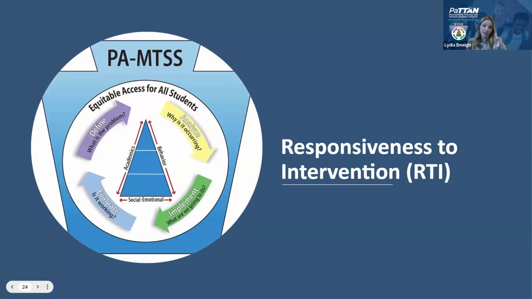The responsiveness to intervention component of MTSS is another critical factor that LEAs must consider when reviewing their MTSS framework for use of RTI and SLD determination. Let's review the discussion points that LEAs will want to consider when using this tool.